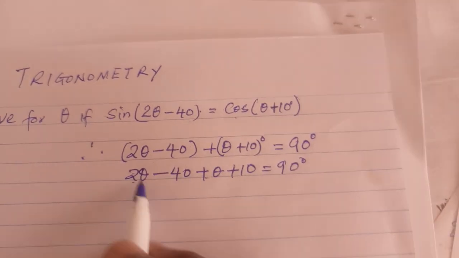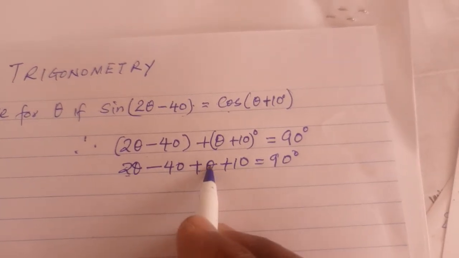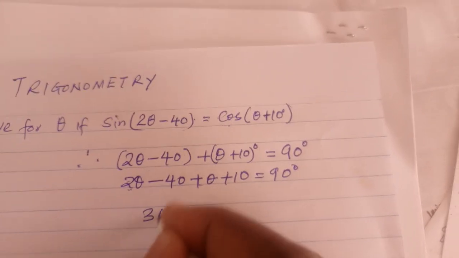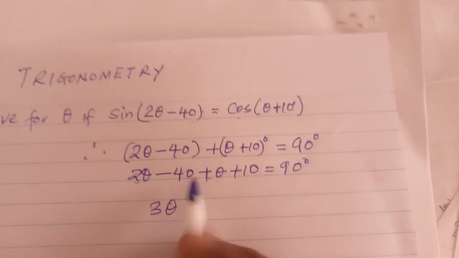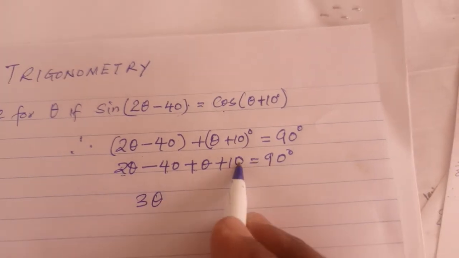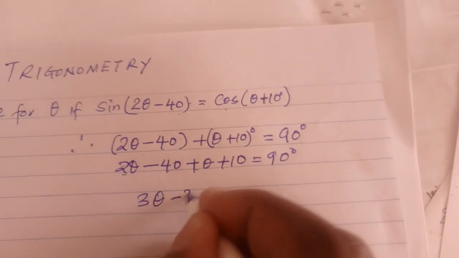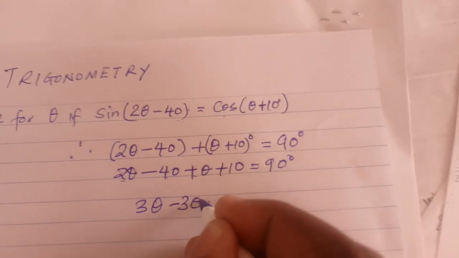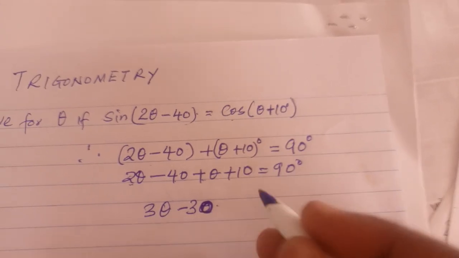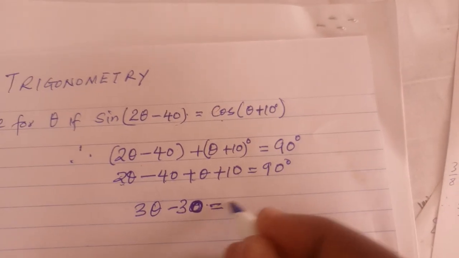Collecting like terms, we'll have 2 theta and theta here. So that is 3 theta. Then this is negative 40 plus 10, which is minus 30, equal to 90 degrees.